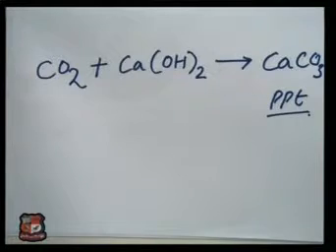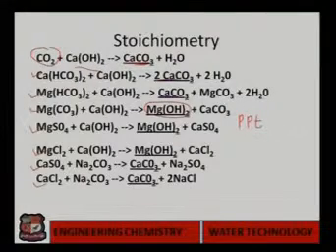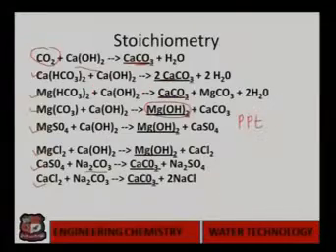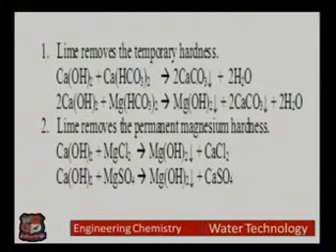So, by reaction with lime or soda, all these compounds get converted into insoluble salts. This is the principle. We can clearly say that lime is removing the temporary hardness.